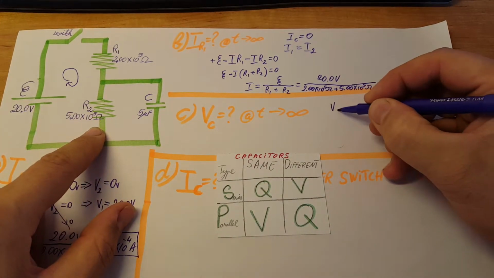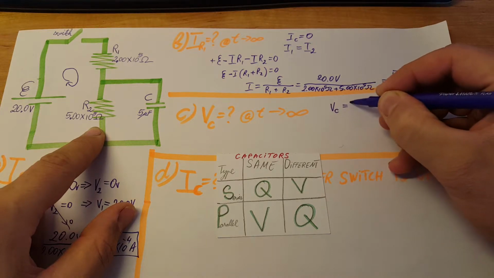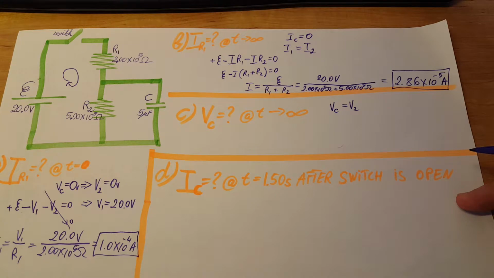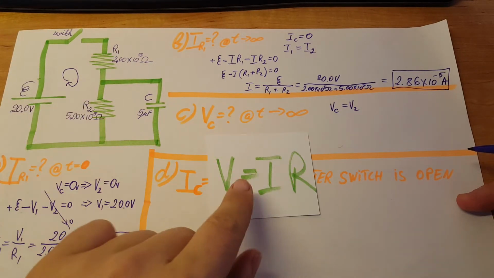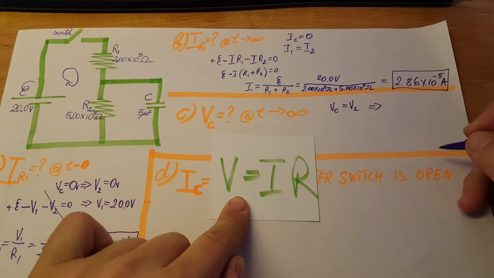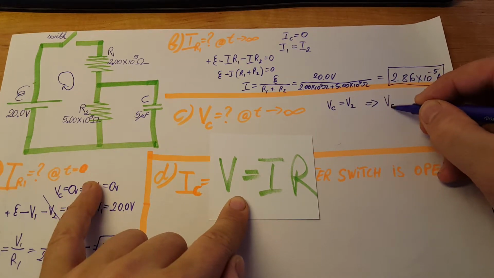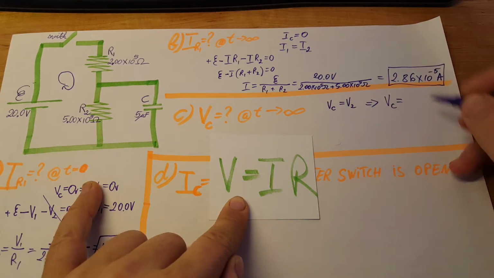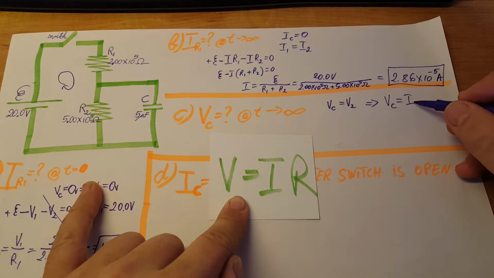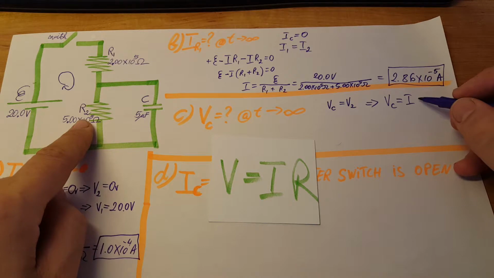Let's write it down. Voltage on the capacitor is equal to voltage on resistor 2. And with the help of V equals IR, we can say that the voltage on the capacitor will equal I R, where R will be our R2.